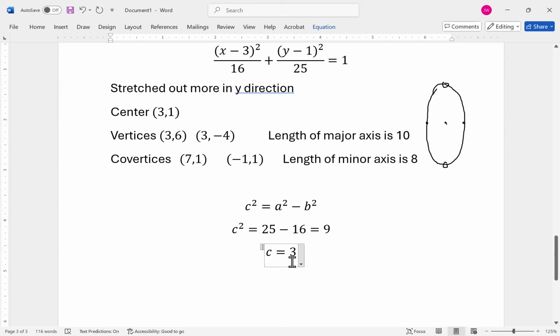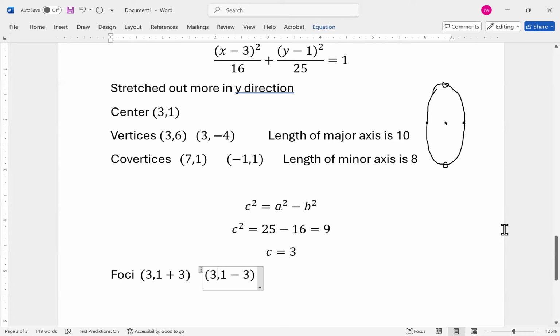So C is 3. Therefore, if I want to find the foci, I can start at the center, at point 3, 1. And then because we're stretched out more in the y direction, I'm going to add and subtract 3 to the y value.